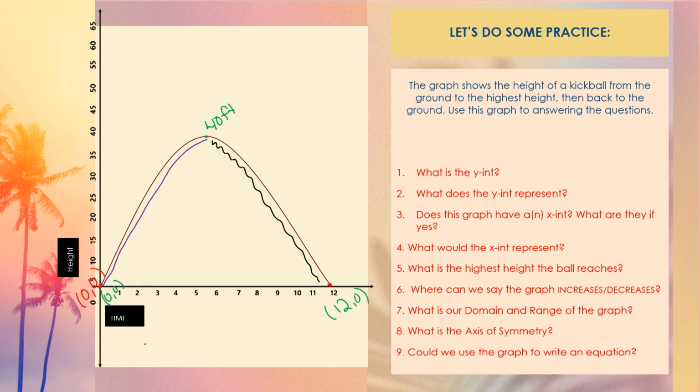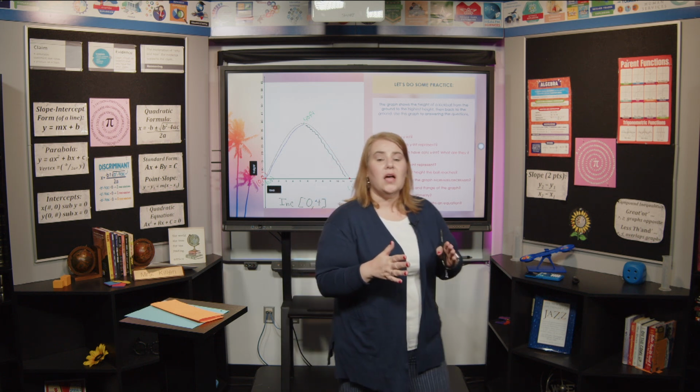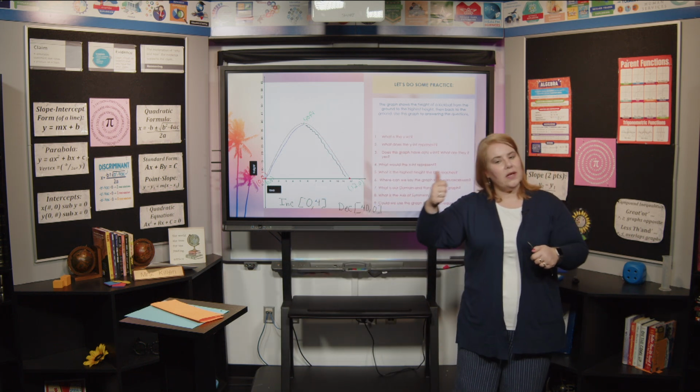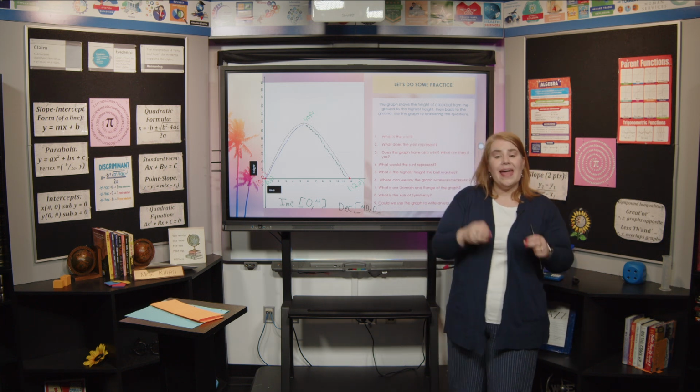So I would say it increases in the interval of 0 to 40 feet, and then it decreases from the interval of 40 feet to 0 feet. Now, when we talk about intervals of decreasing and increasing, do we look at our x-axis or do we look at our y-axis? Exactly right. We look at our x-axis.